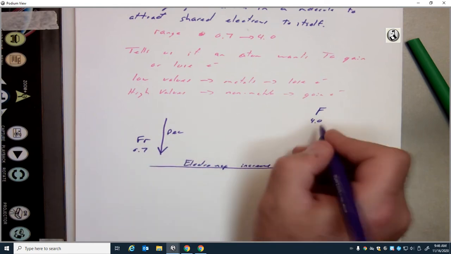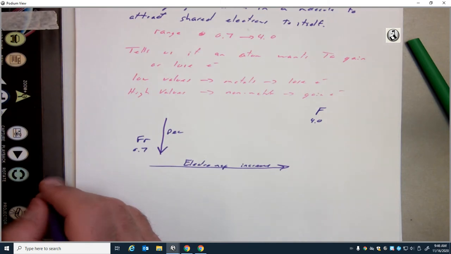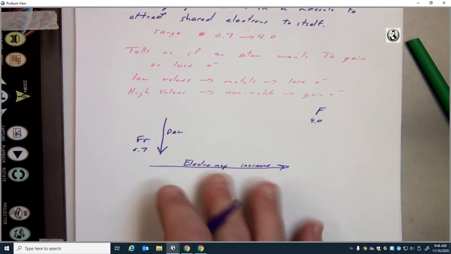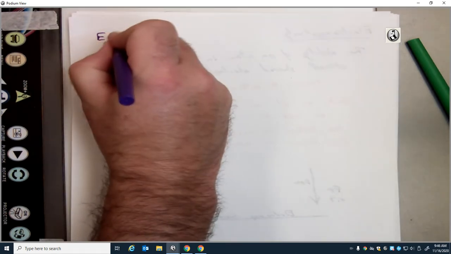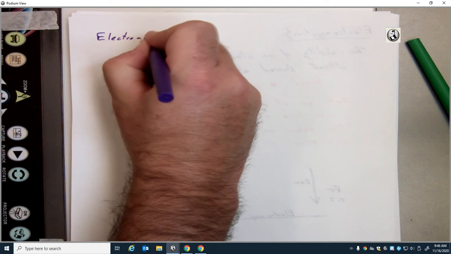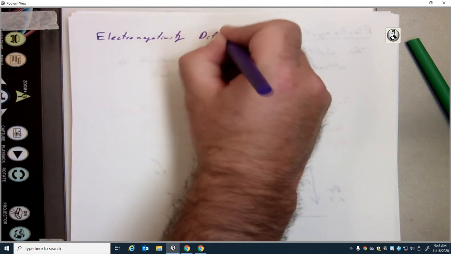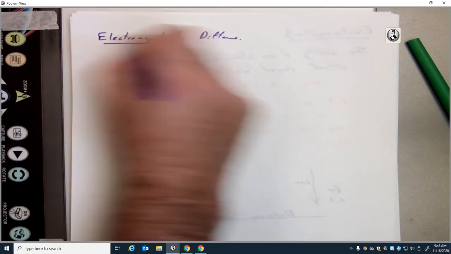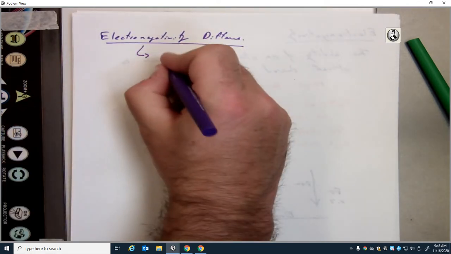Now, we're going to be using these values. And what we're going to be doing is what's called electronegativity difference. And what this will give us is the actual bond type.